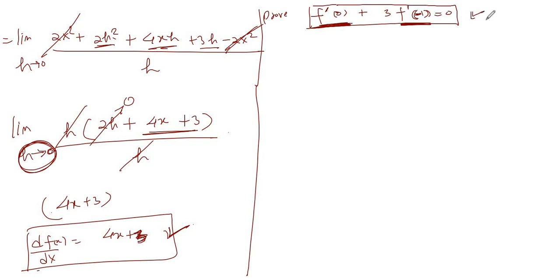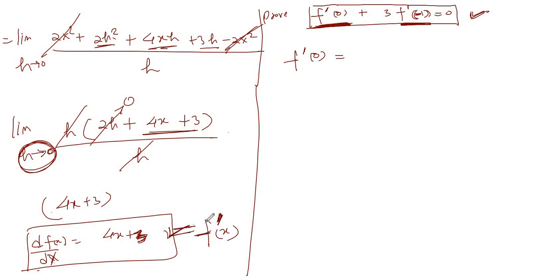But here there is one more part of the question. You can see it says f'(0) and this we have to find out, correct? So let me see, what will be f'(0)? Derivative df/dx is the same thing as f'.